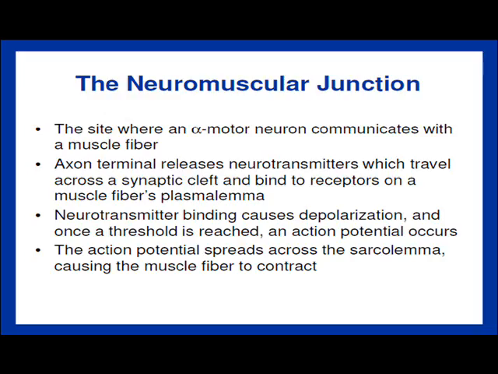Alright, you've probably heard the term before, the neuromuscular junction. This is where a neuron, an alpha motor neuron coming from the peripheral nervous system, is going to synapse onto skeletal muscle. We've just seen the neurotransmitters that are released into the synaptic cleft.